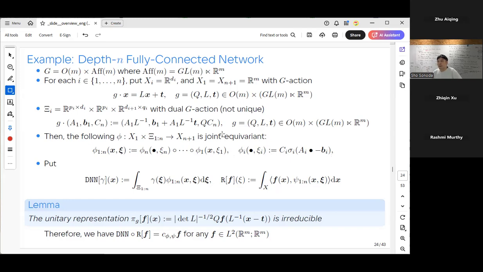We can verify this easily. In addition, the unitary representation pi_g defined by a regular group action on vector-valued function f is irreducible. This is not known, but we proved the irreducibility of this group action.